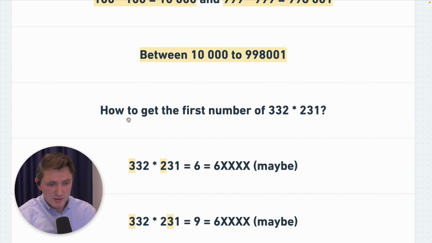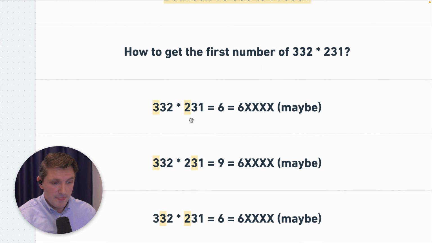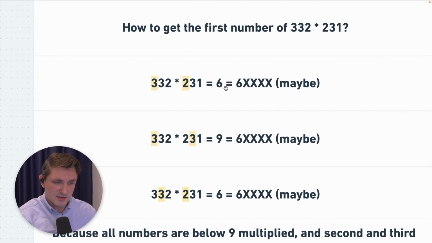So let's figure out how to get the first number of 332 times 231. What you do is quite simple, right? You multiply the 3 with the 2, you get 6, which is a pretty high number, right?